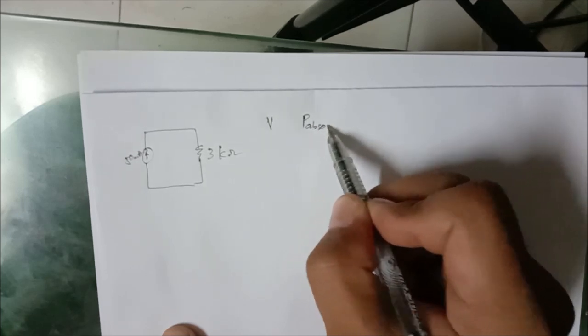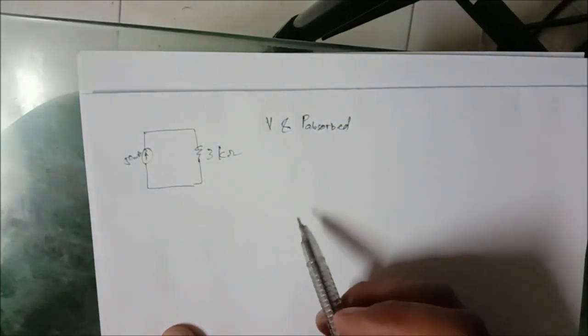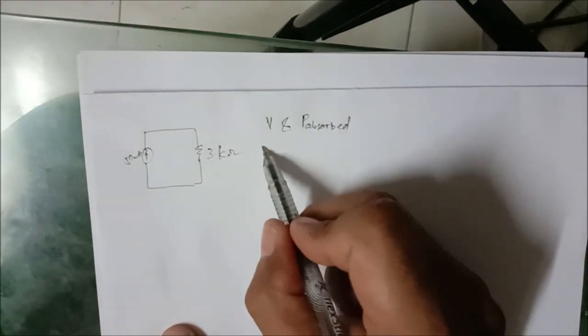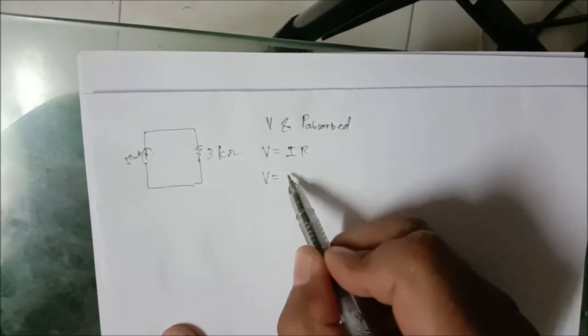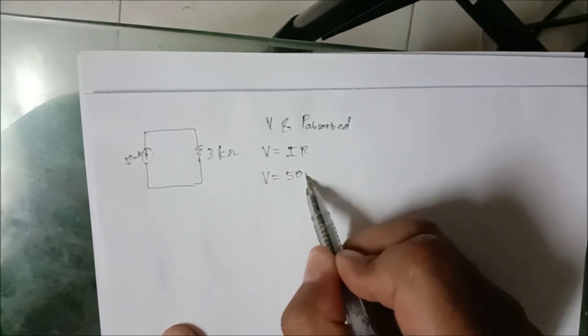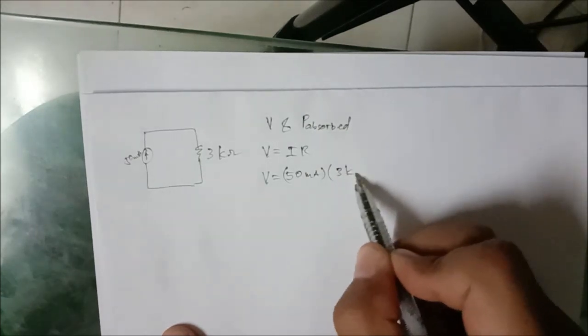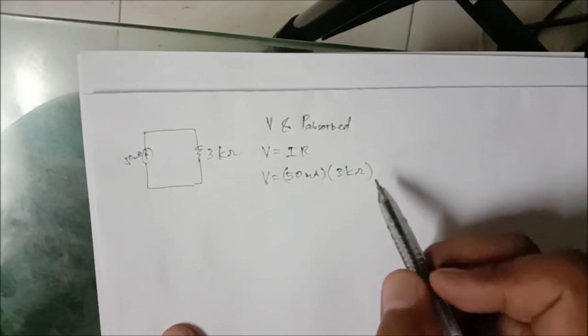So, ibig sabihin, sa resistor yan. So, yung voltage dito sa source. So, simply, V is equal to I times R. So, V is equal to I, 50 milliamperes times 3 kilo ohms. Itong kilo at saka milliamperes, ma-cancel na yan.